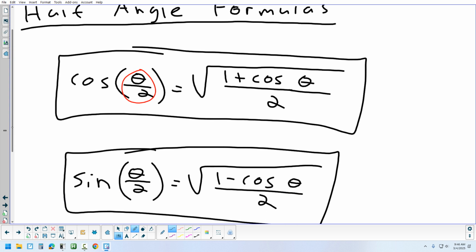Okay. What these formulas also do is give you a different way to figure out one of the first problems we did, which I think was cosine of 15. If you know how to do cosine 30, you can find cosine 15 without using any of the stuff I already showed you.